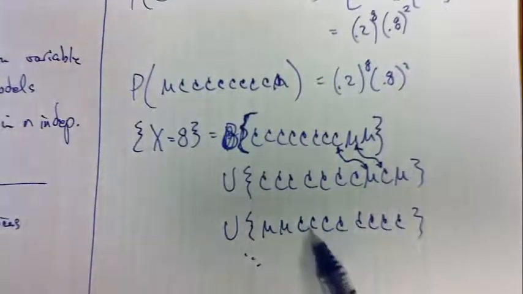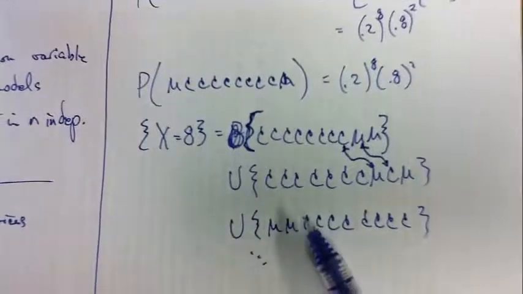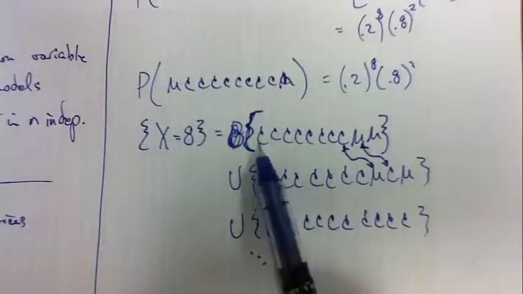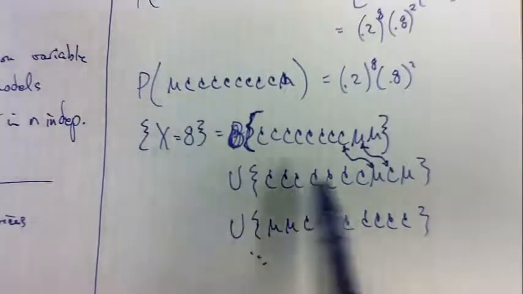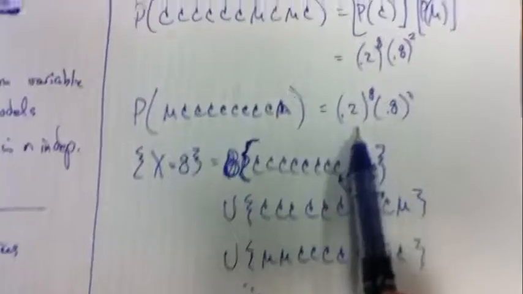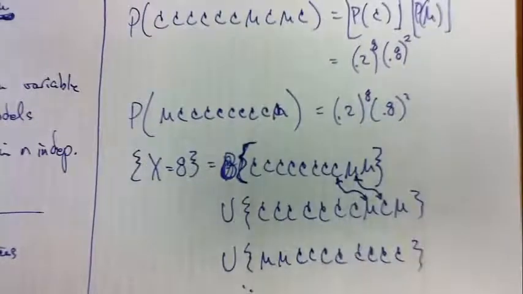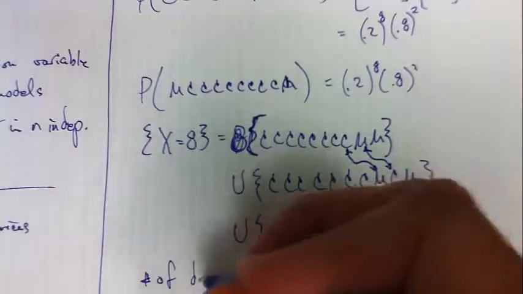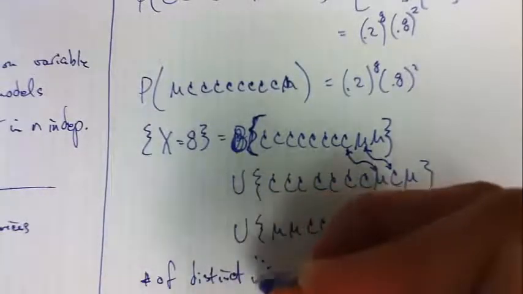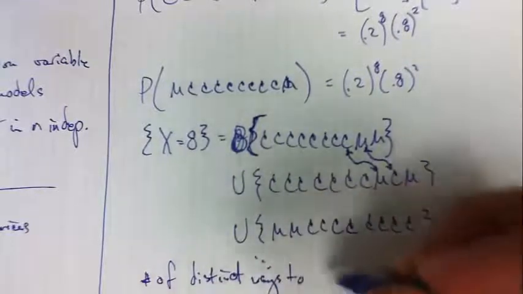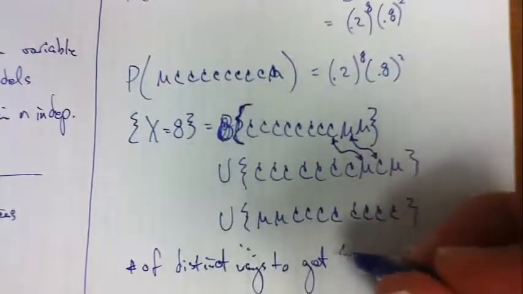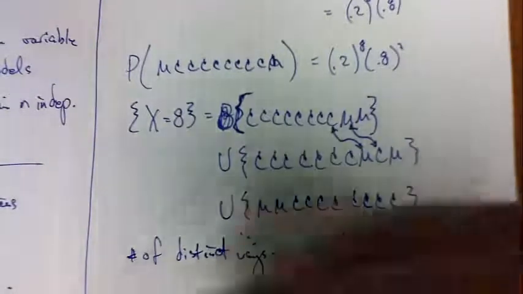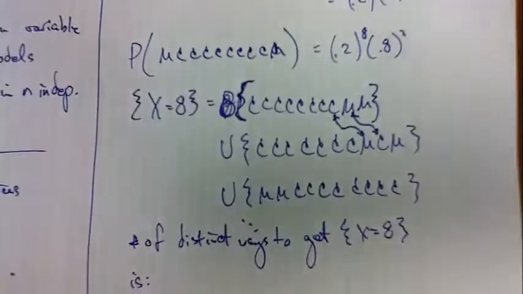So what I want to do, by the way we do basic probabilities, is count up the number of outcomes that form this event. And notice that their probabilities are all the same, right? The probabilities of all these outcomes are all the same. So the number of distinct ways to get the event X equals 8 is, can you figure this out?